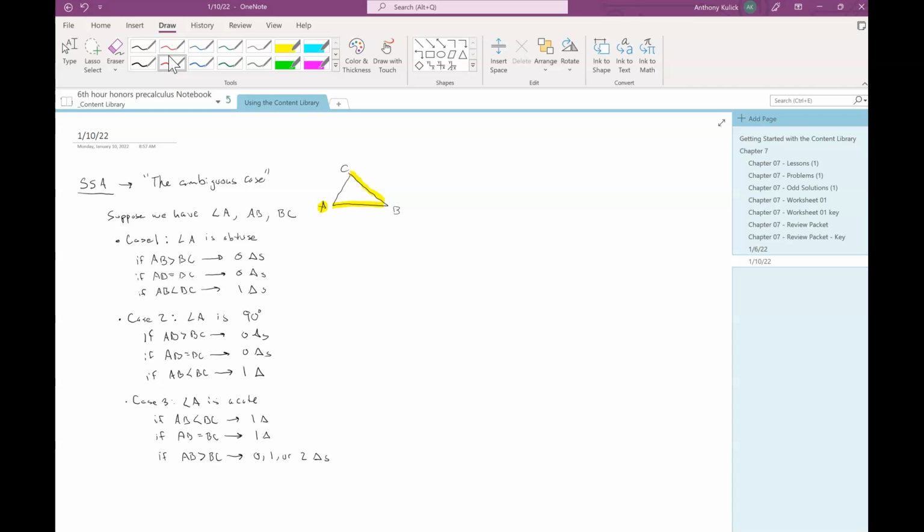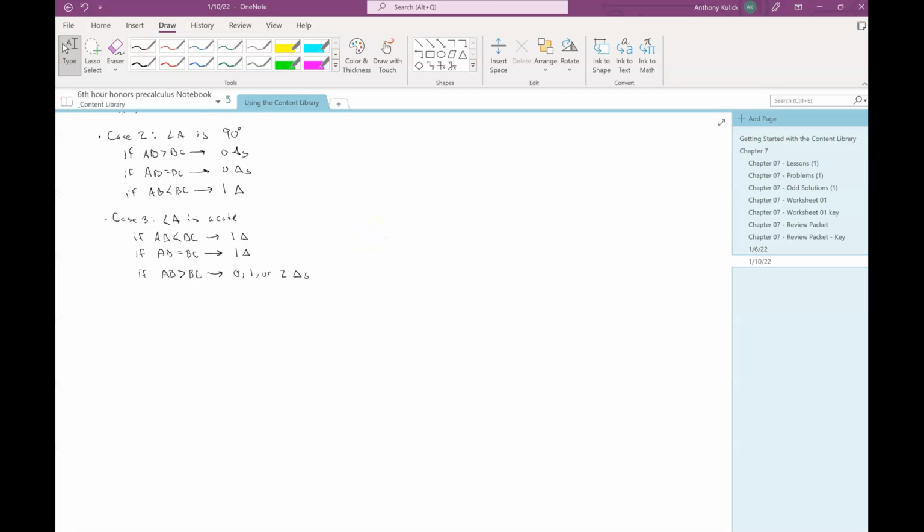The same thing is true if you have a 90-degree triangle. The tricky case is if you have an acute triangle, and the place where we need to be careful about is when the side opposite the given angle is the smaller side. In that case, we need to look at whether 0, 1, or 2 triangles is possible.